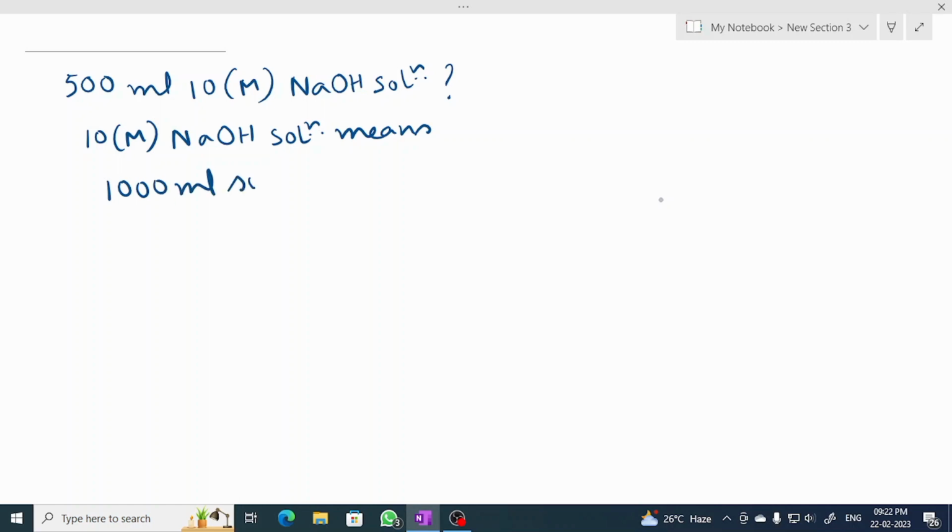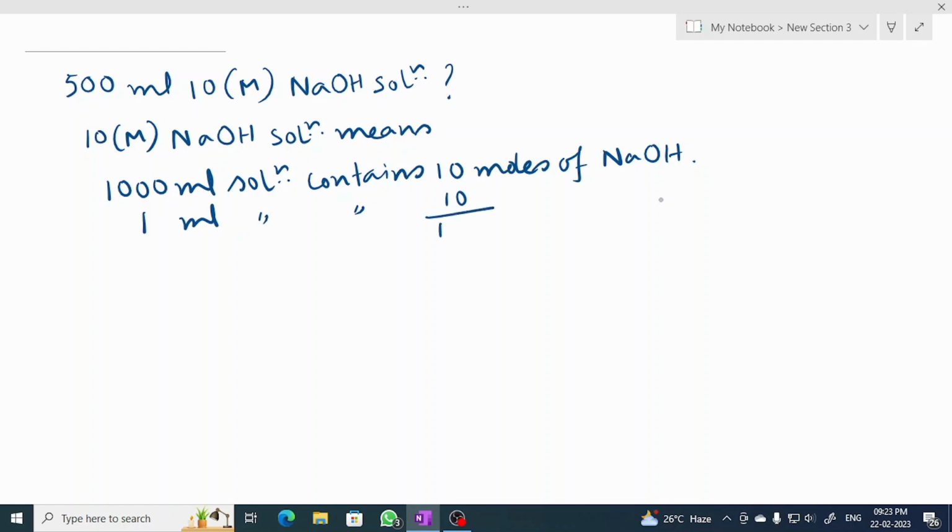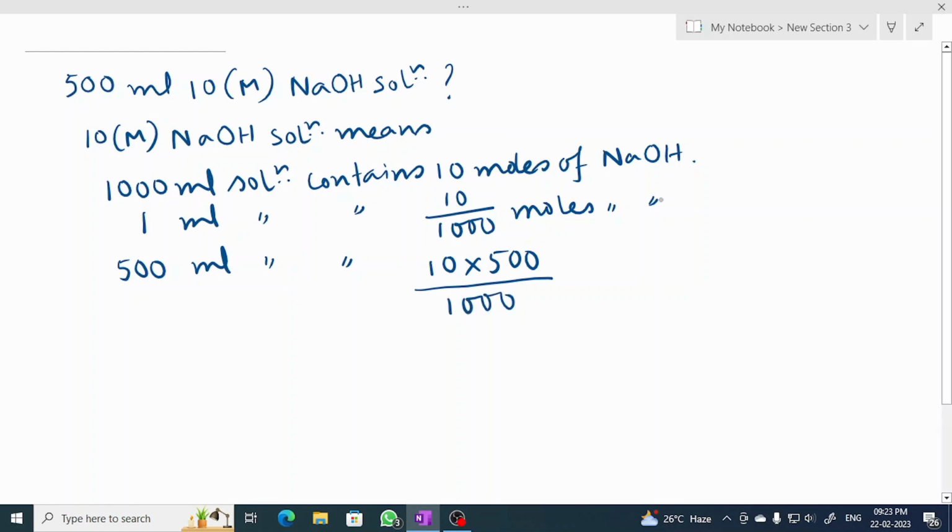1000 ml solution contains 10 moles of NaOH. So 1 ml contains 10 by 1000 moles of NaOH, and 500 ml solution contains 10 into 500 by 1000 moles of NaOH.